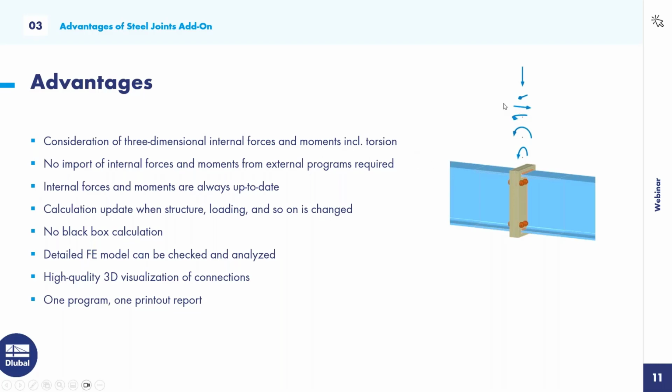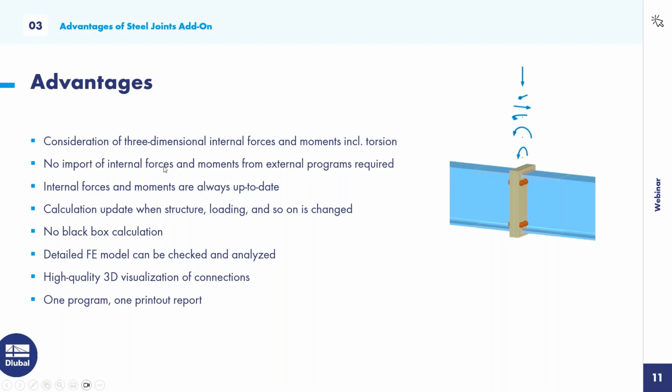At least, for example, for this connection, when the normal force isn't, I think, higher than 10% of the plastic normal force. And with the program steel joints, you can consider all those three-dimensional internal forces. And that's, in my opinion, the best feature for this add-on, the main advantage.